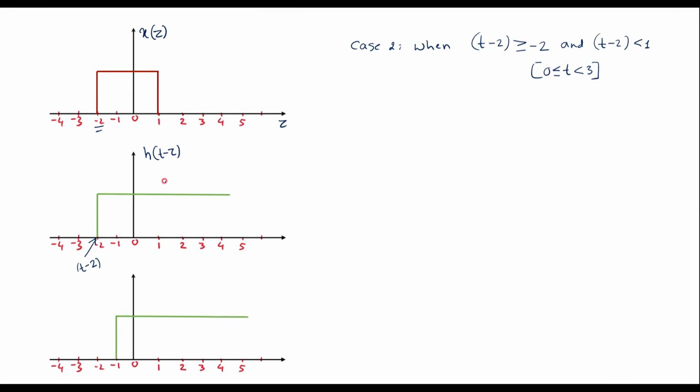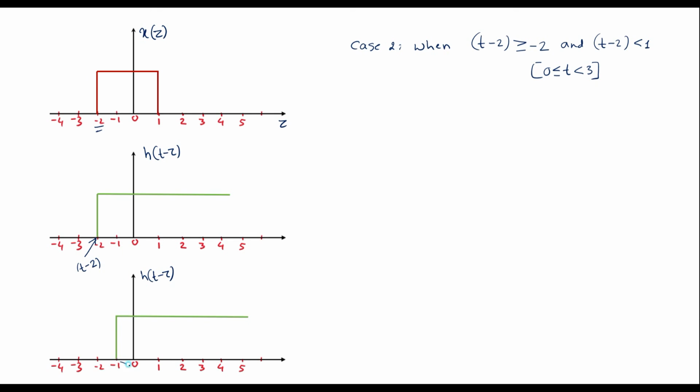So now we'll try to shift this h of t minus tau towards right side such that t minus 2 should be greater than or equal to minus 2. So right now t minus 2 is at minus 2. I will try to shift this towards right. So here you can see that h of t minus tau, where t minus 2 is shifted towards right by 1 unit.